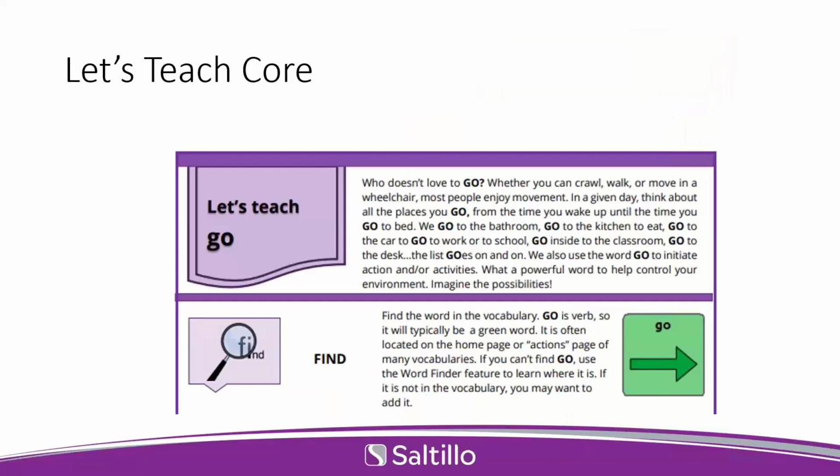Each handout follows this layout. At the top, you see an explanation of the target core word, followed by where you would find it in the vocabulary files. Remember, especially with WordPower, it is color-coded. So go is an action word or verb, which is in green.